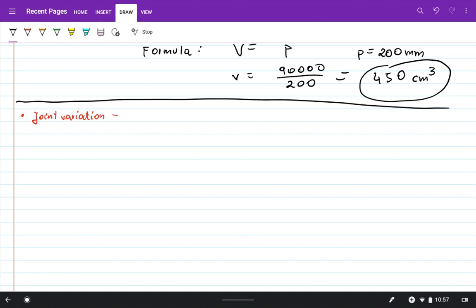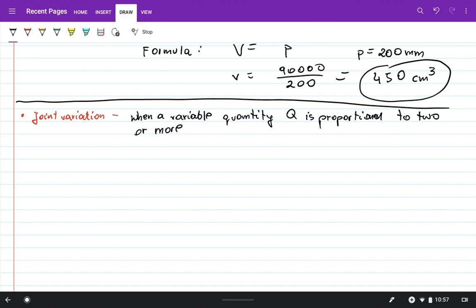So this one is when a variable quantity Q is proportional to two or more other variables.